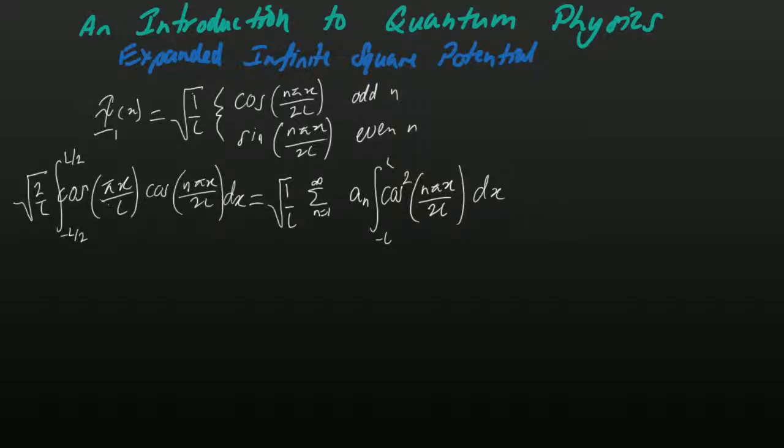Looking at the integrand only, that becomes this using our trig identity. So there should be 2 and 2L. The 2's disappear, and we can integrate this and we'll find that that equals L.